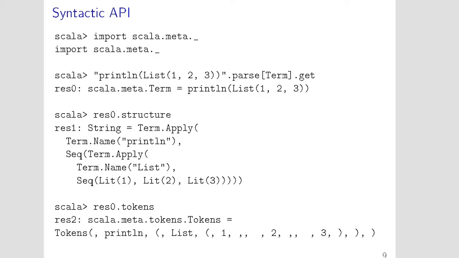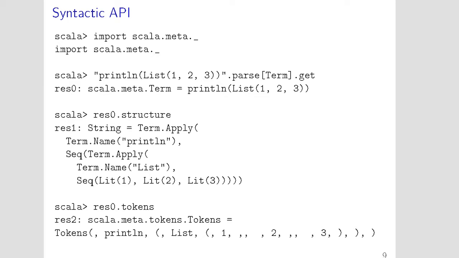Anyway, now, as I promised, after we parse things, we can inspect their structure. There's a handy method called .structure, which prints out the structure of case classes that comprise the AST in a pretty printed format. Unfortunately, it does not format the results, so here I had to tweak the output so that it fits the slide, but you can get an idea.